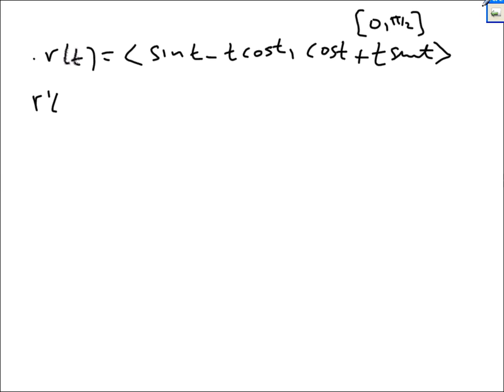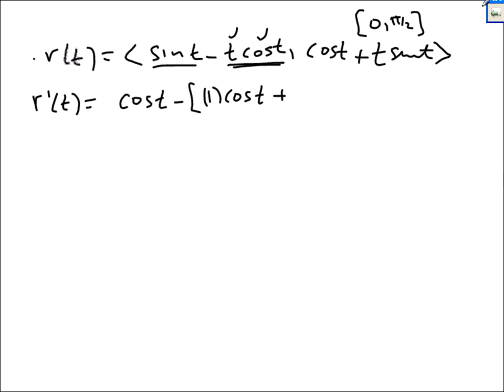So we need to find r prime of t. The derivative of sine of t is cosine t, minus the derivative of this, which is a product: first is t and then cosine t. The derivative of the first times the second plus the first times the derivative of the second.